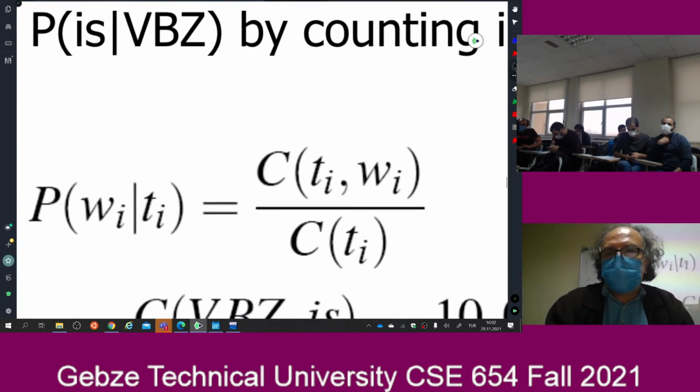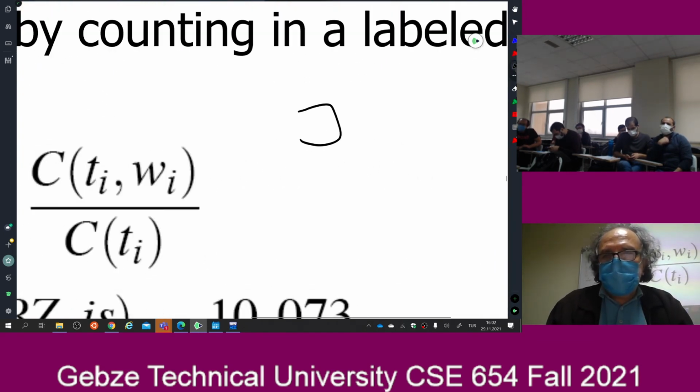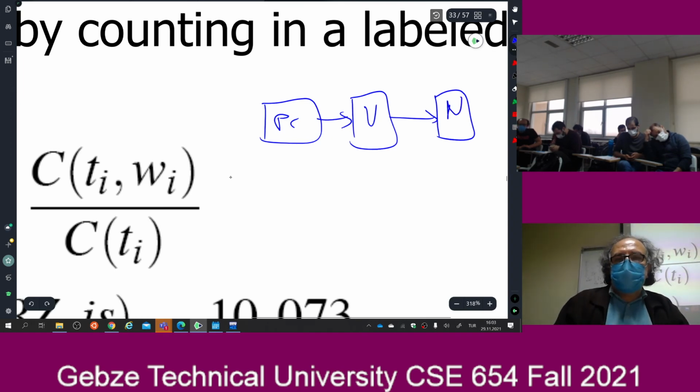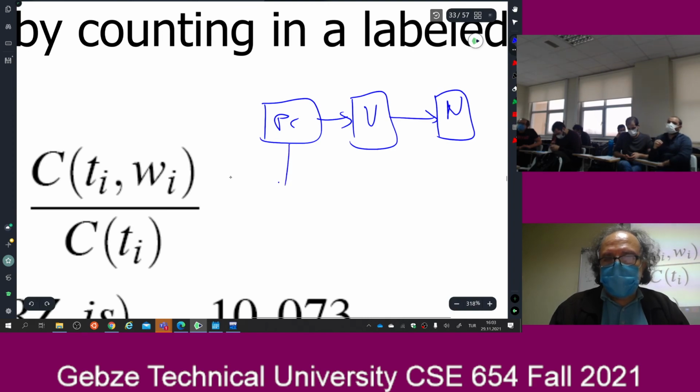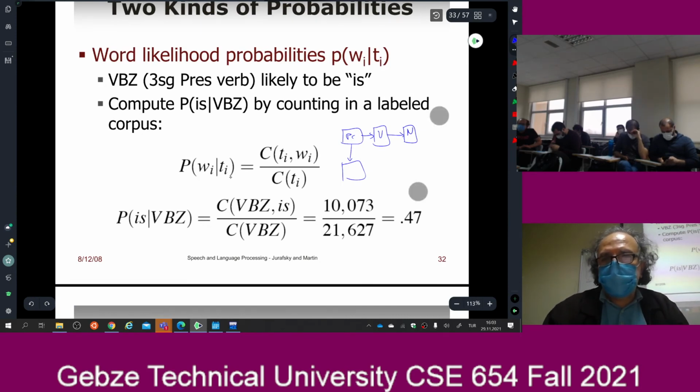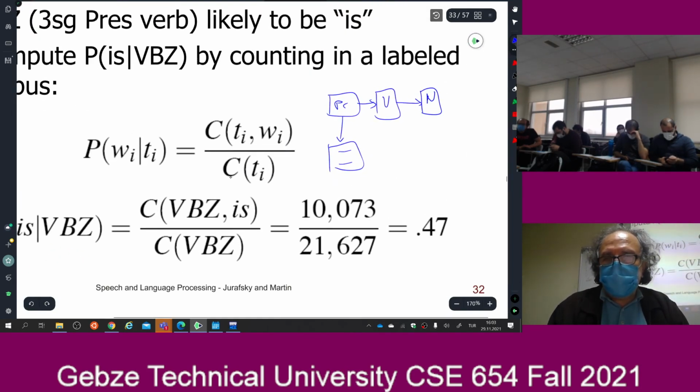Remember this picture that I had drawn? Pronoun, verb, and noun: I read books. This one is the word likelihood. So pronoun I, this one is read, this one is book.